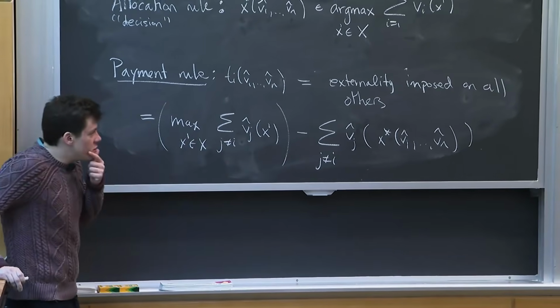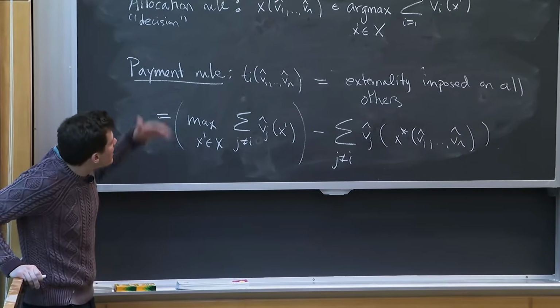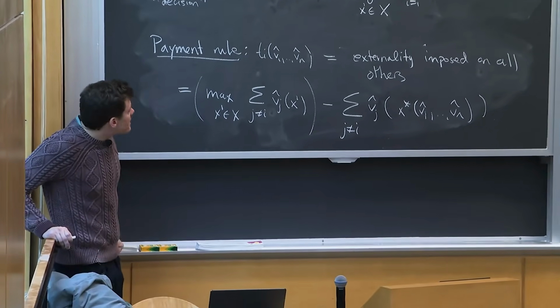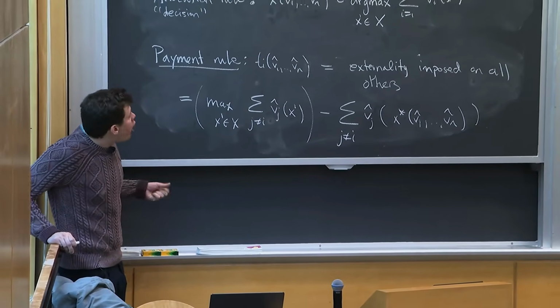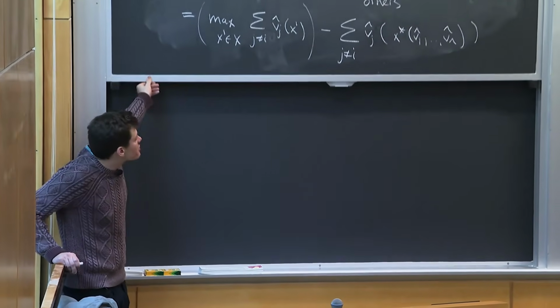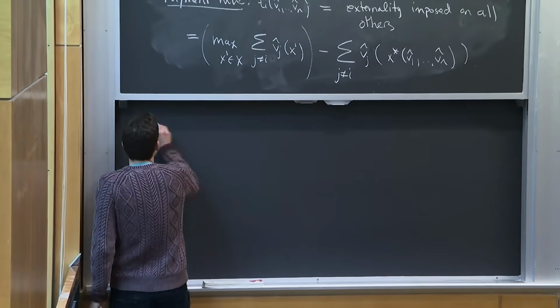And if you go to the notes, you can see a proof as to why using this mechanism, it's always optimal for bidders to bid truthfully. So let me just write that fact. This is a fact that you can prove.